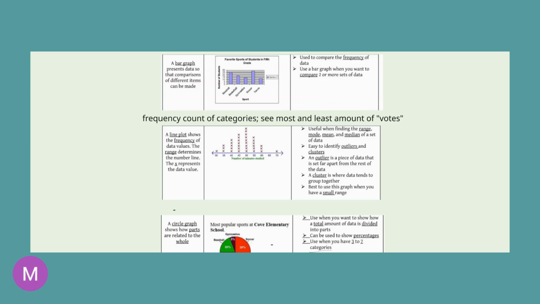But it's still talking about frequency counts of things, but instead of categories, it's talking about frequency counts of specific numbers. You can have specific categories listed on the bottom. If you were talking about number of votes, again, for favorite sport, you could put categories instead of numbers there. But you frequently will see line plots more dealing with ranges of numbers.